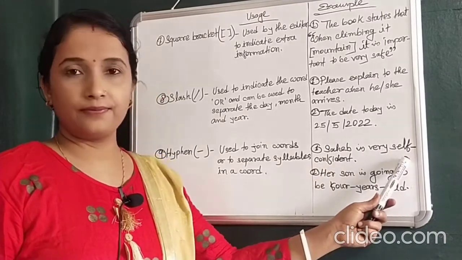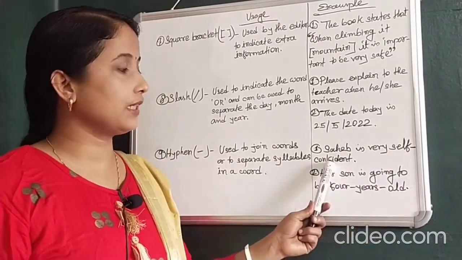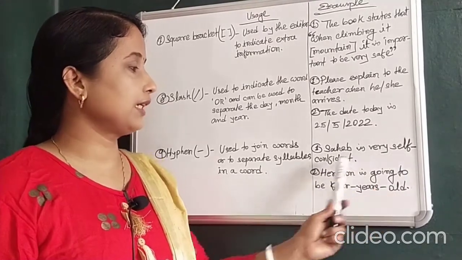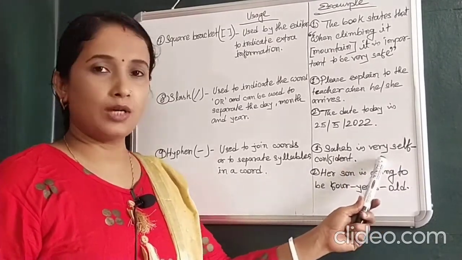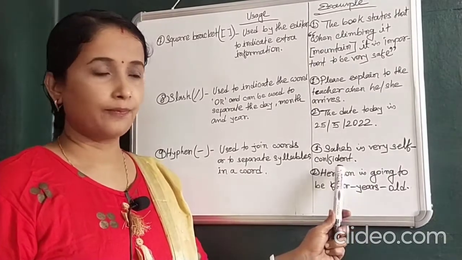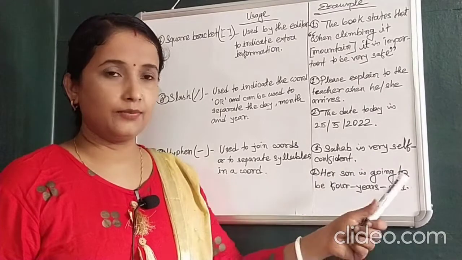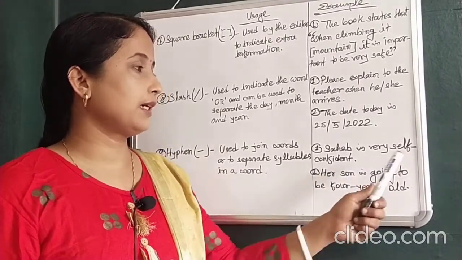Here self is one word, confident is one word. So we use hyphen to join these two words into one word, self-confident. Okay. Saheb is very self-confident. Self-confident here becomes one word by using hyphen.